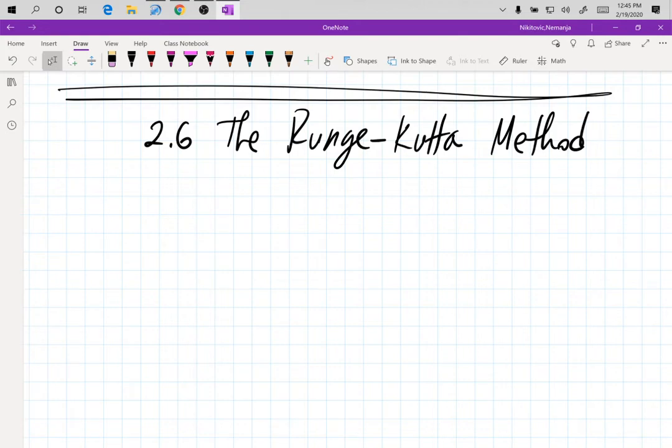We can use the fundamental theorem of calculus plus Simpson's rule from Calc 2, put those together into a method that would improve on both of those previous methods. Now, there is no per se algorithm.